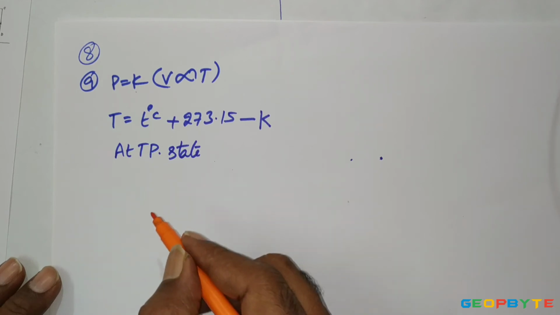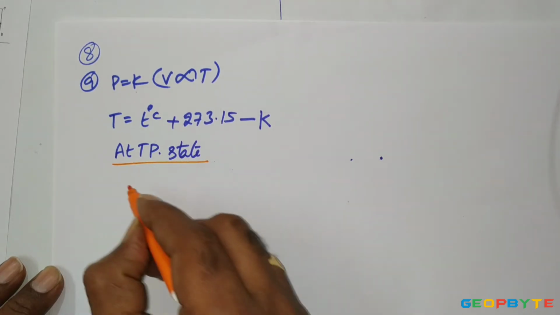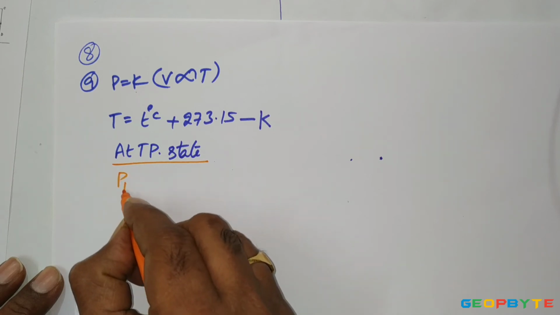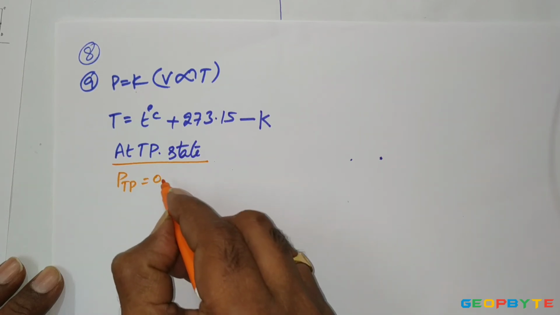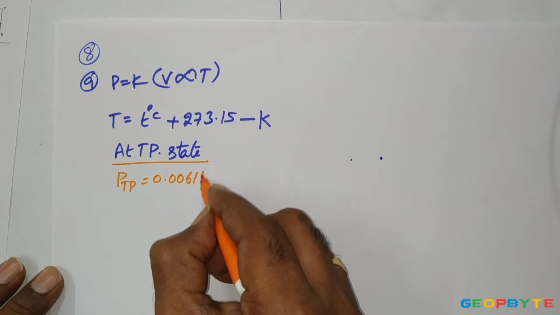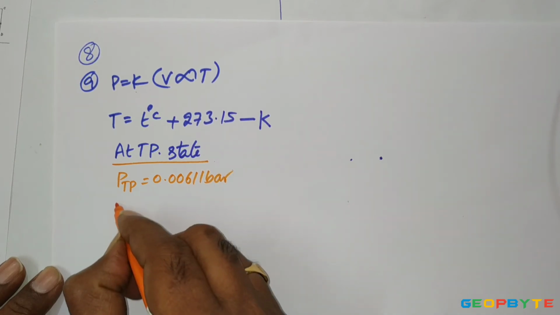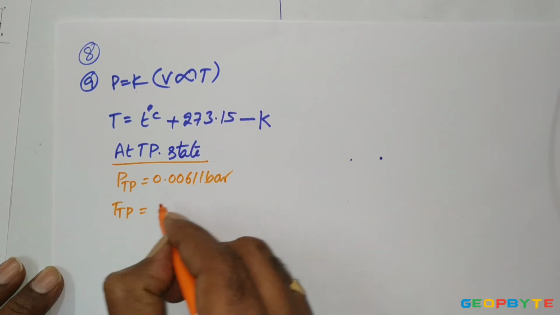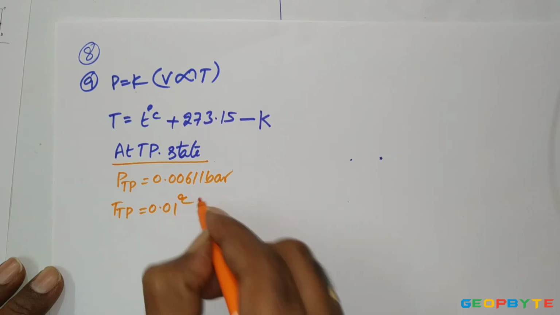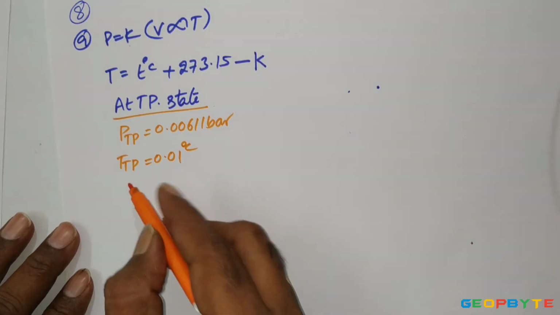At the triple point state, the pressure is 0.00611 bar and the temperature equals 0.01 degree centigrade. This is the triple point state temperature.